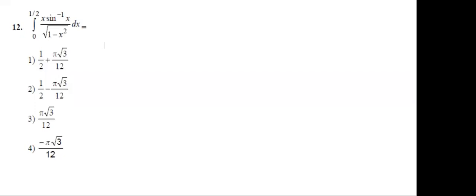Integration from 0 to 1 by 2 of x sine inverse of root 1 minus x square dx. So I am expecting that let sine inverse x be equal to theta. The derivative of sine inverse x, 1 by under root 1 minus x square dx, is equal to d theta.